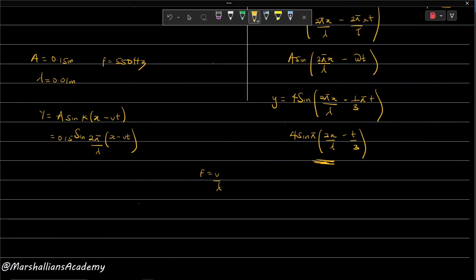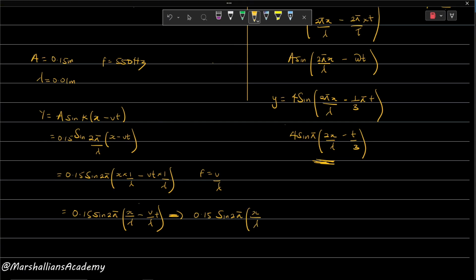We need to open the bracket with only 1 over lambda, which means I'm going to be having 0.15 sine 2 pi into bracket x times 1 over lambda minus vt times 1 over lambda, which takes us to 0.15 sine 2 pi into bracket x over lambda minus v over lambda multiplied by t. Isn't it? Which is the same thing as saying 0.15 sine 2 pi into bracket x over lambda minus v over lambda is f, t.